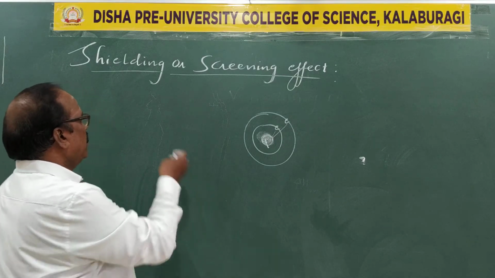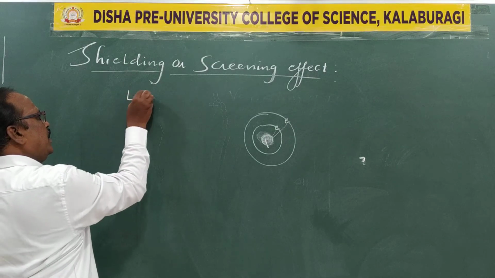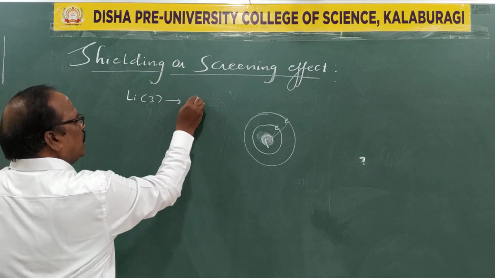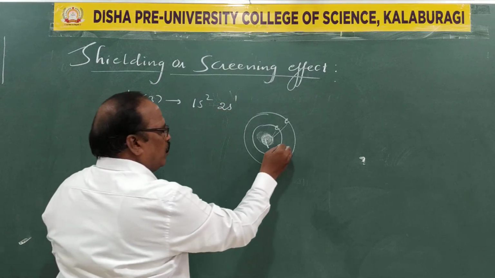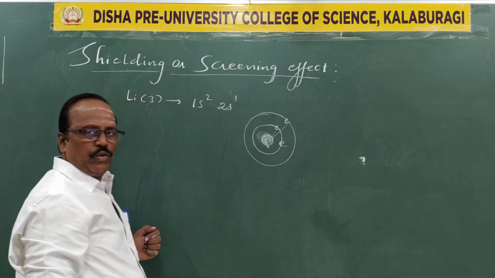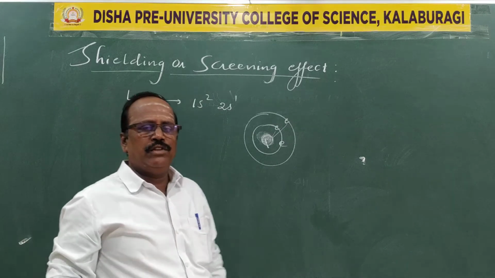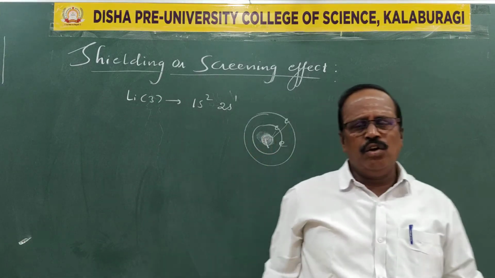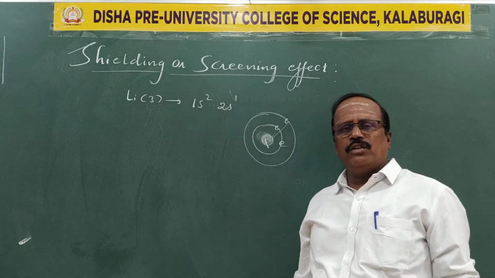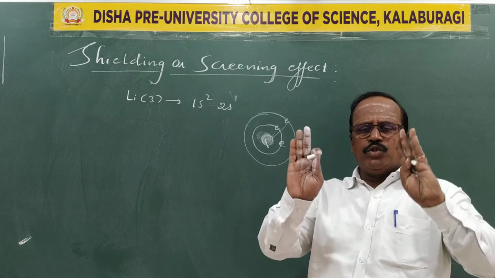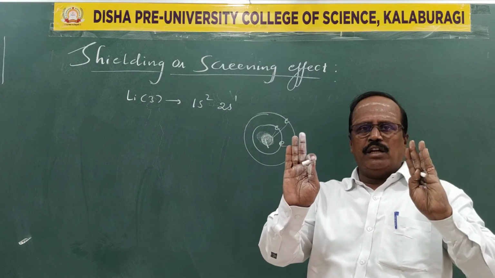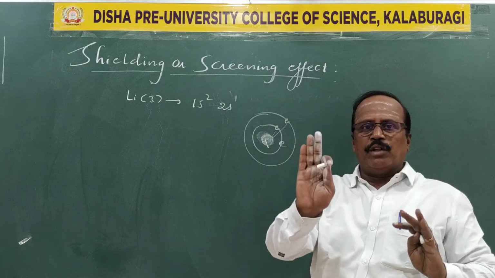I repeat, for example, see lithium, atomic number 3, we write 1s2 2s1. This is 1s2 and this is 2s1. I am trying to convince you of the meaning of shielding effect or screening effect: to hide, to cover, to put a curtain in between.